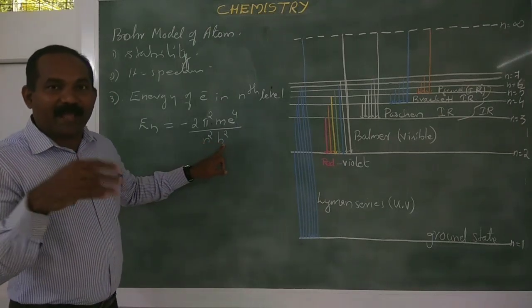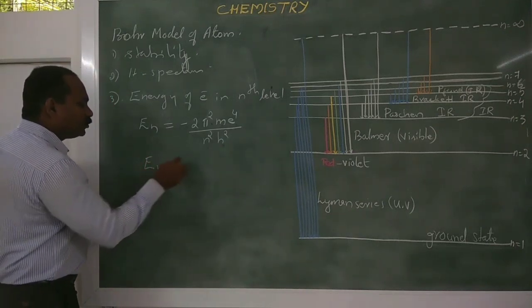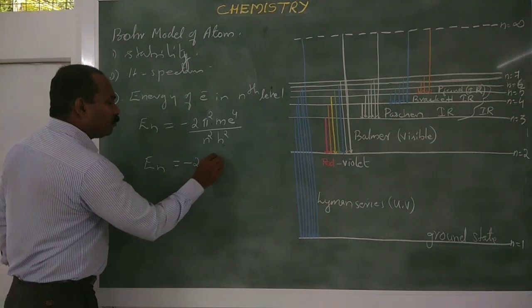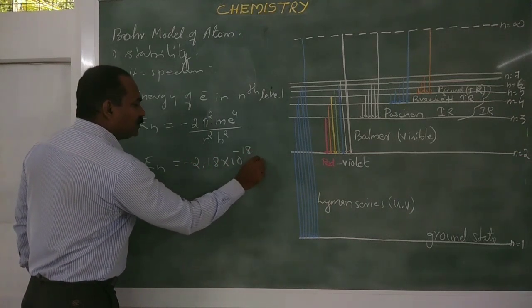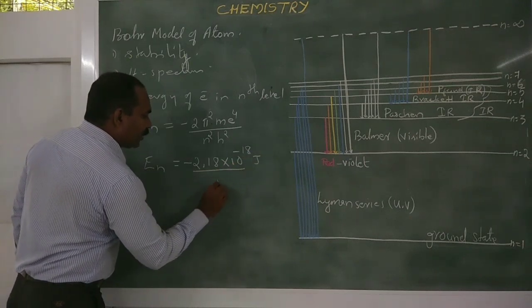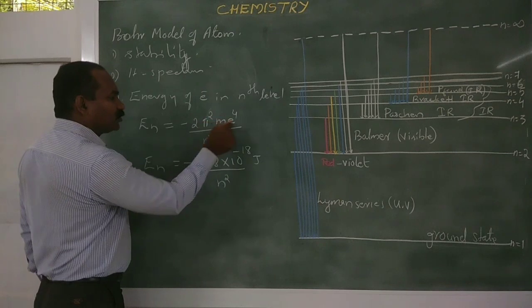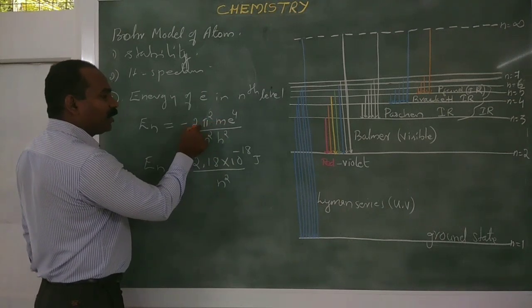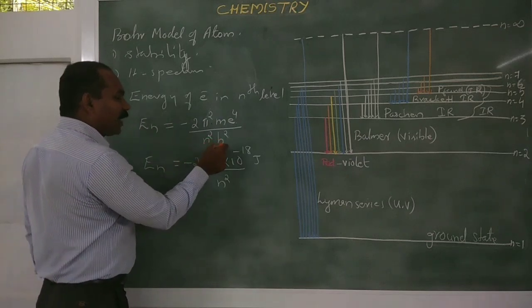Then h is Planck's constant, and En is equal to minus 2.18 into 10 raised to minus 18 joule divided by n square. These values we know: the pi value, mass value, electron charge, then Planck's constant.